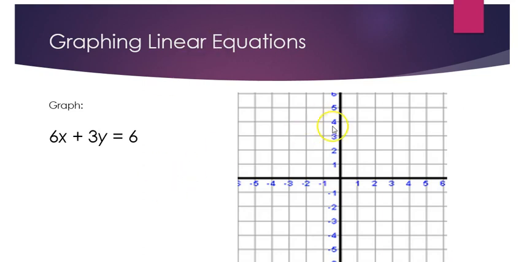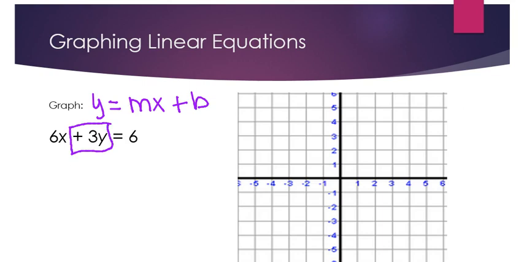All right, so looking at this one, what is our first step going to be? We know I have to get in slope-intercept form first, right? So y is going to have to equal mx plus b. So the first thing I need to do, we know I have to isolate the term that contains y.